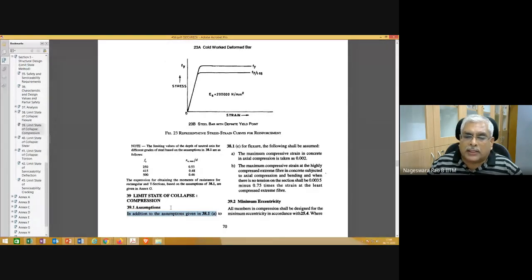So the assumptions for the design of columns, it includes the assumptions given in 38.1 A to 38.1 E for flexure. It includes whatever assumptions we noted for limit state of collapse under flexure. In addition, okay, the following are also assumed.